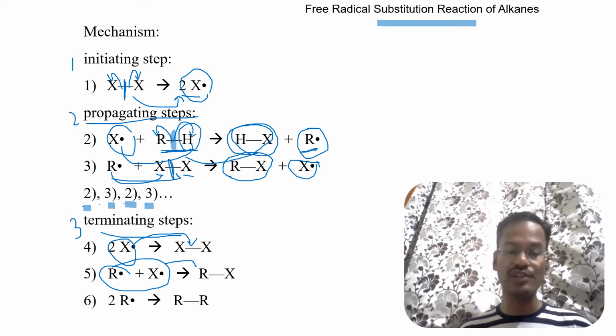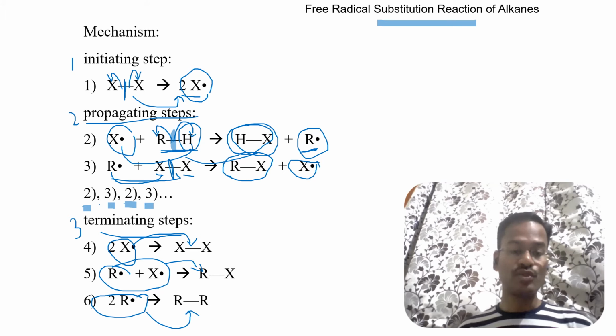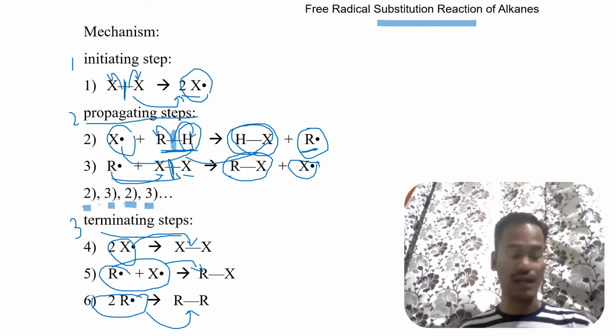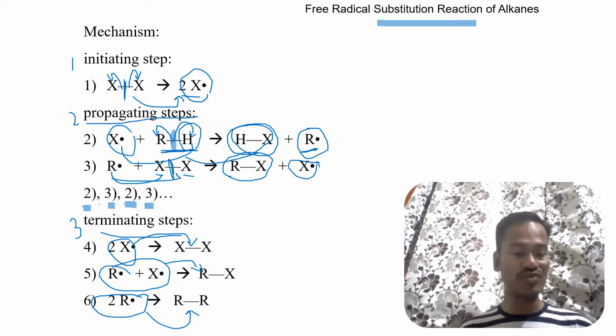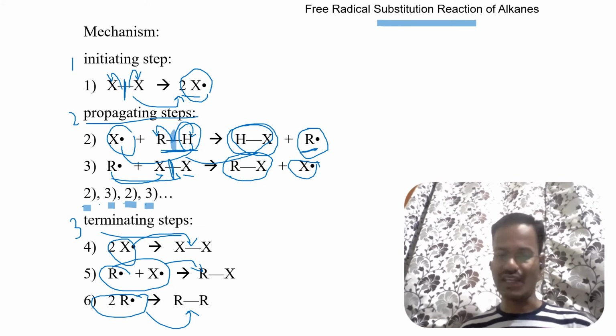Any two free radicals will react and form one molecule. You can see here two halogen free radicals are reacting to form a halogen molecule. One alkyl free radical and a halogen free radical are reacting to form alkyl halide. Two alkyl radicals are reacting with each other and forming another new type of alkane.